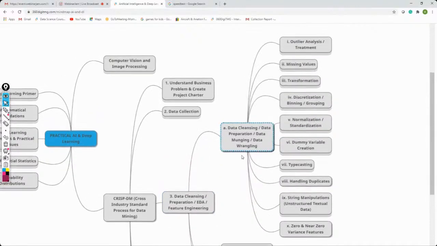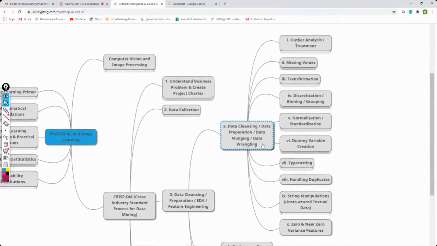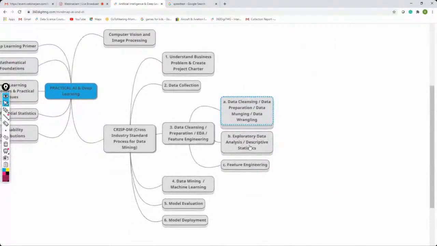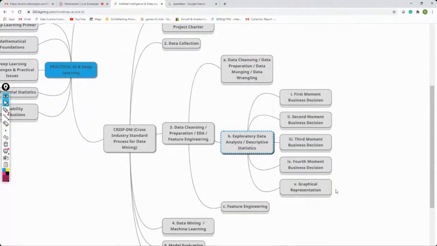In data cleansing, data preparation, data munging, data wrangling, you have a bunch of techniques. And then you have exploratory data analysis, again a bunch of techniques. And then you have feature engineering.